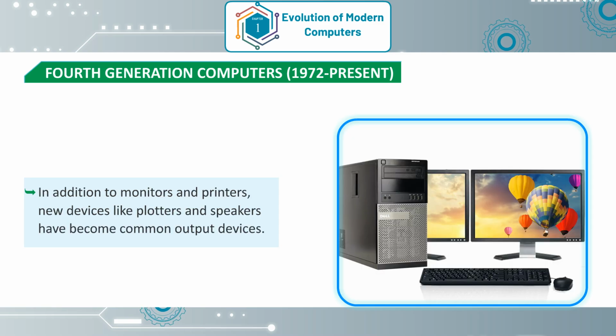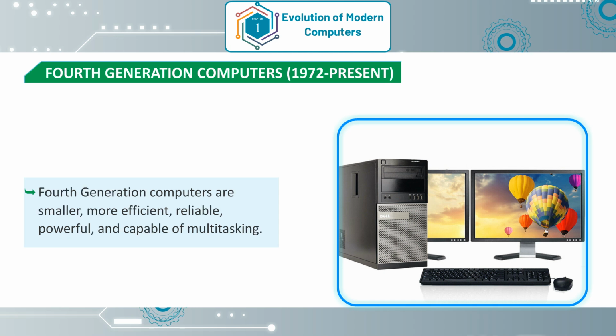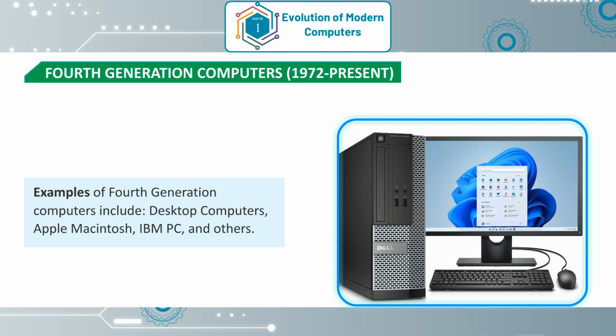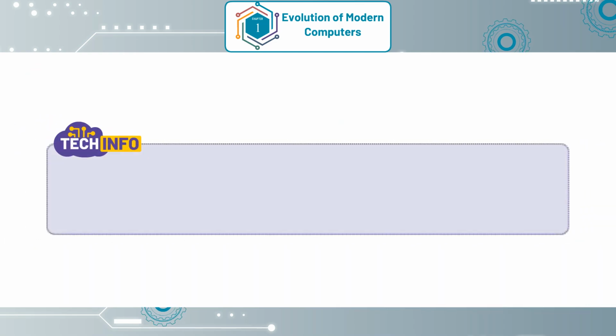In addition to monitors and printers, new devices like plotters and speakers have become common output devices. Fourth-generation computers are smaller, more efficient, reliable, powerful, and capable of multitasking. Examples include desktop computers, Apple Macintosh, IBM PC, and others.